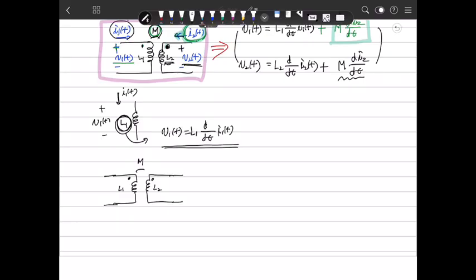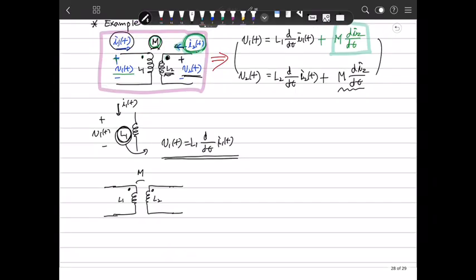I told you again and again, the direction of the voltage and current, you can choose as you want. So this time, I define the voltage here. This is v1.